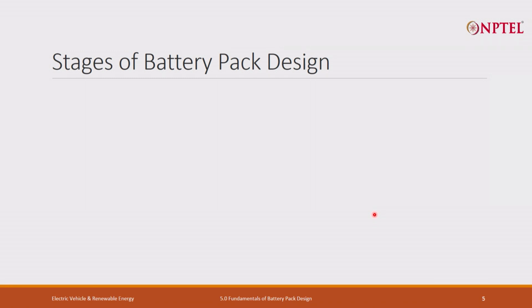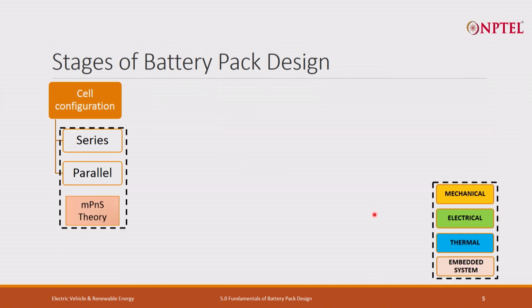So, next are the stages of battery pack design. In chapter 4, we talked about the cell configuration, what would be a cell configuration in parallel and series combination to bring the capacity like Ah, voltage and current.